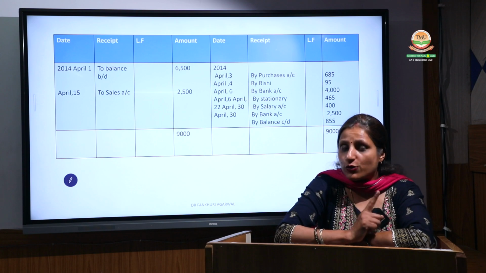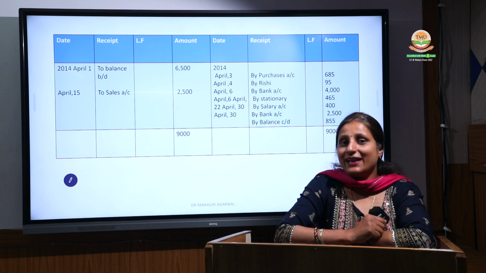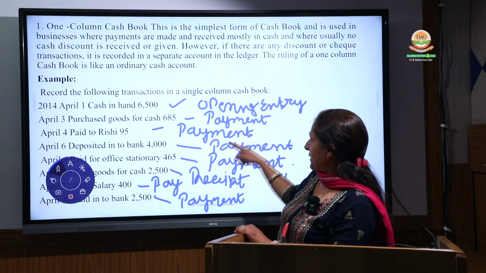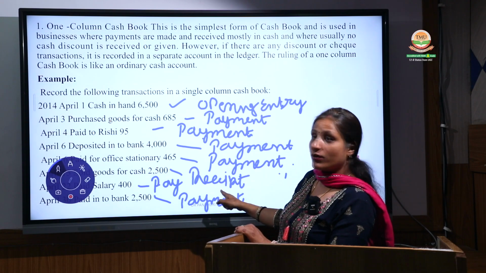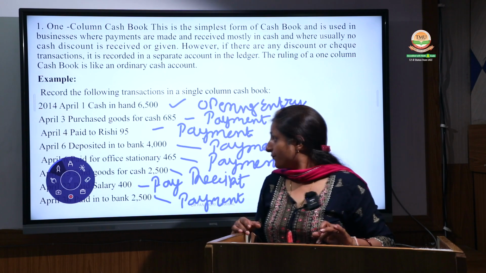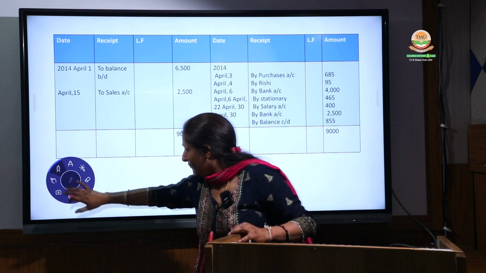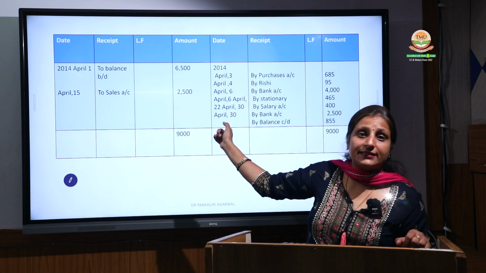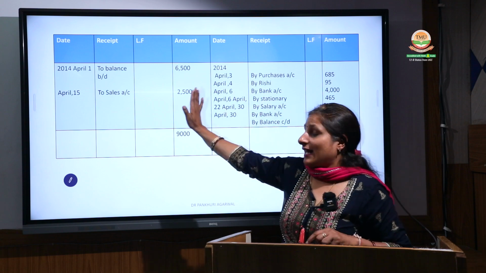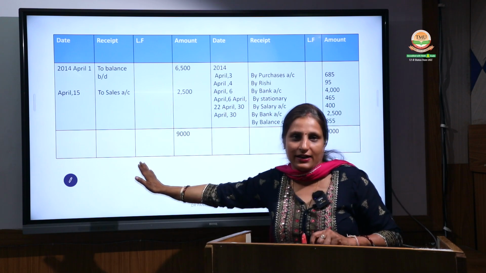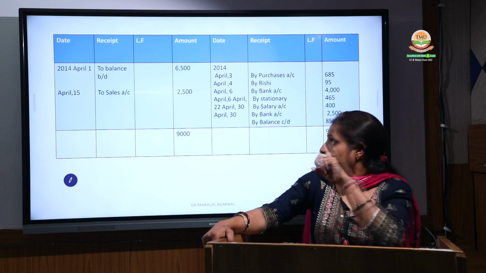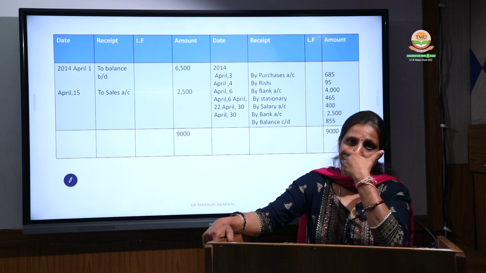Now, I've told you that all the entries are of the payment side. This is a payment, and this is only the receipt entry. Therefore, all entries came on the credit side because this is the payment side and this is the receipt side. Only one entry is a receipt, that is of sale, that I have posted on the debit side.